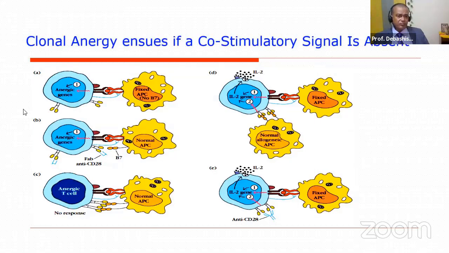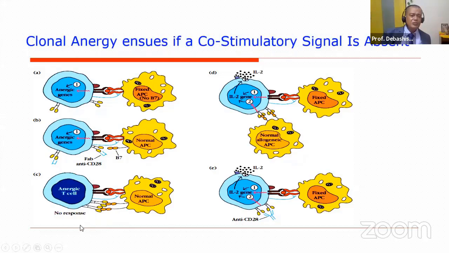However, as I mentioned to you, if by some reason the B7, which is one of the co-stimulatory molecules, is absent, there will be anergy, there will be no activation of T cells. Anergy means no response. And if there is also blockage of the CD28 by antibodies, again in spite of B7 being present, there will be no activation, there will be anergy.